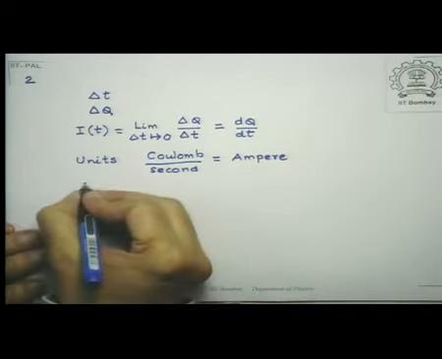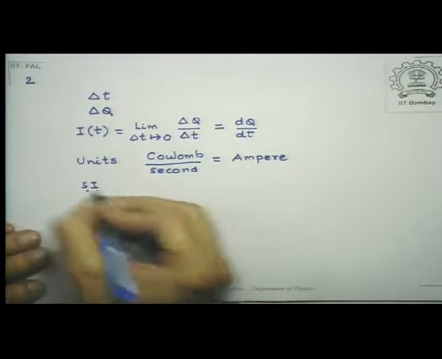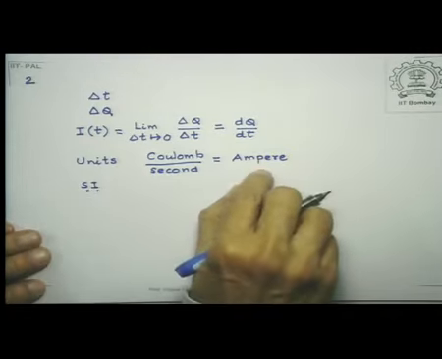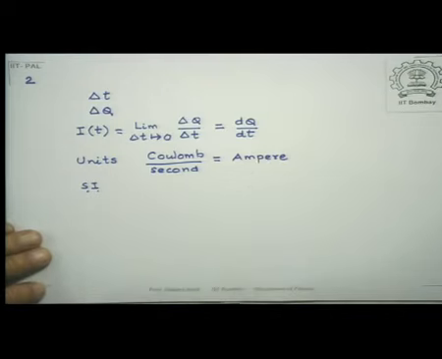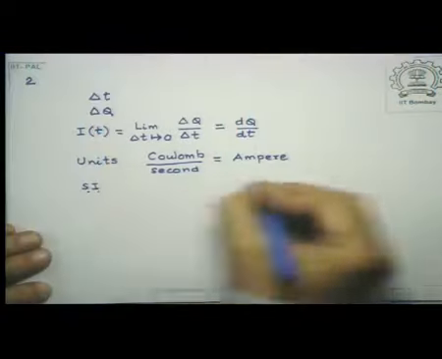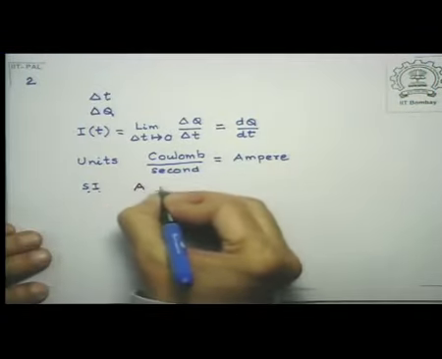Actually, in SI units, the ampere is defined not as coulomb per second, because coulomb is not a fundamental unit. Ampere is. It is defined in terms of its magnetic effects, but that we'll be talking about in later parts. So, ampere is a fundamental unit.